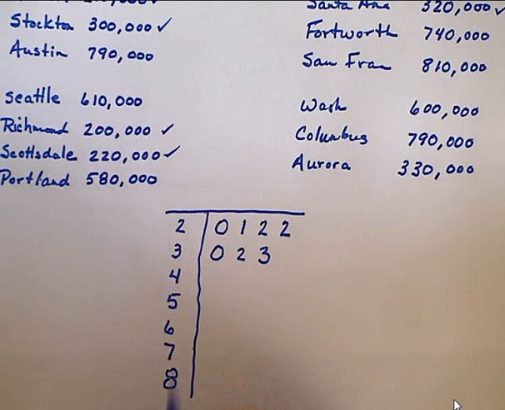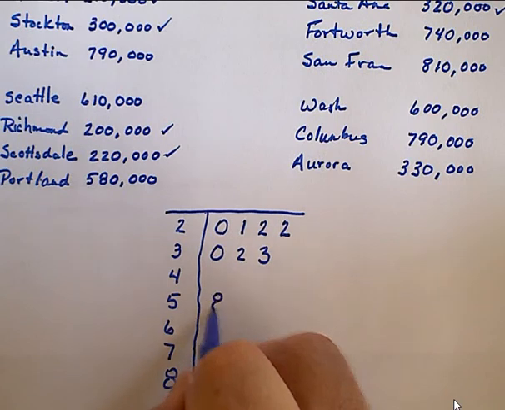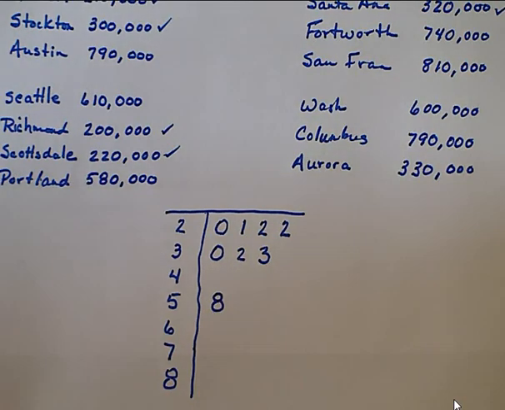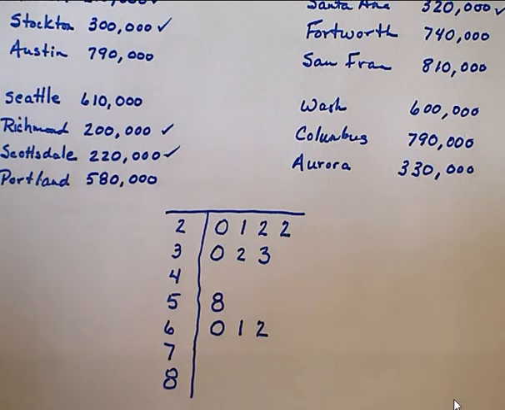I want to keep my consistency in case other data were to be added later. Under 5, I've got a 580, that's 580,000. Under 6s, I have a 600,000, so a 0. A 610,000, so 1. And a 620,000, so there's a 2.